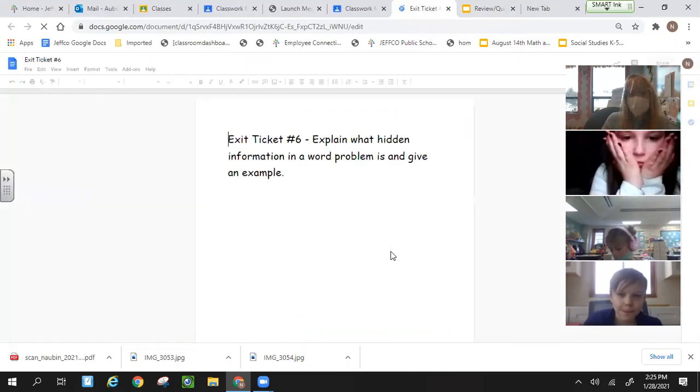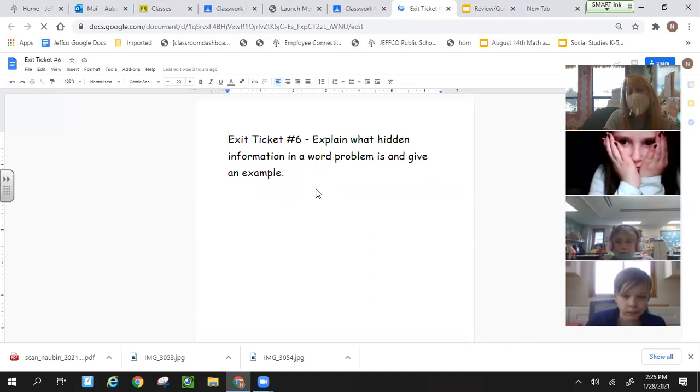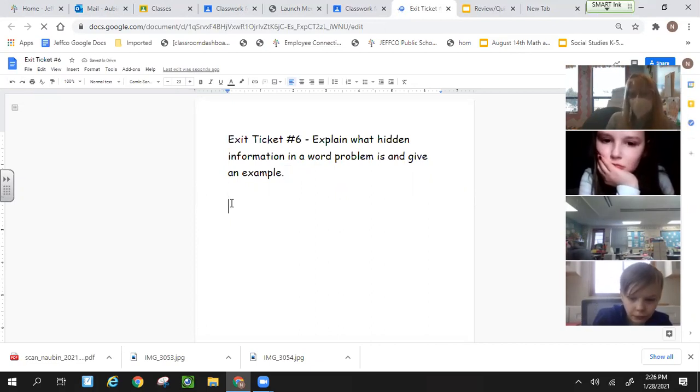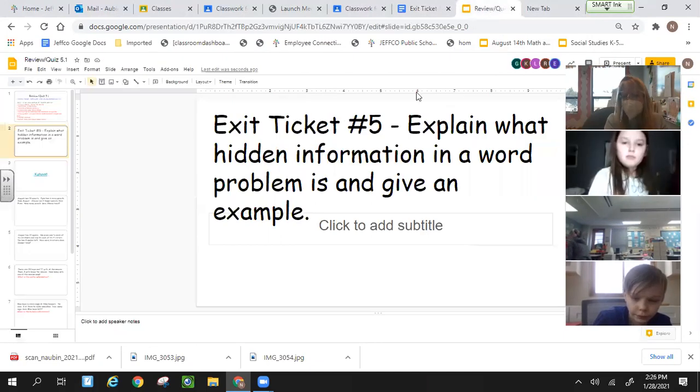And it tells you, explain what hidden information in a word problem is and give an example. Remember, you turn it in, you do not share it with me. So you put the cursor down below and you type. I already changed it for you. Any questions, my remote kiddos? All right, go for it.